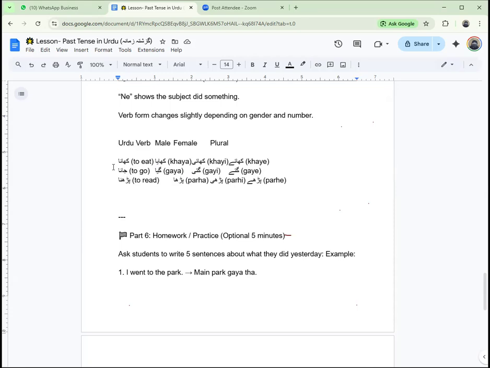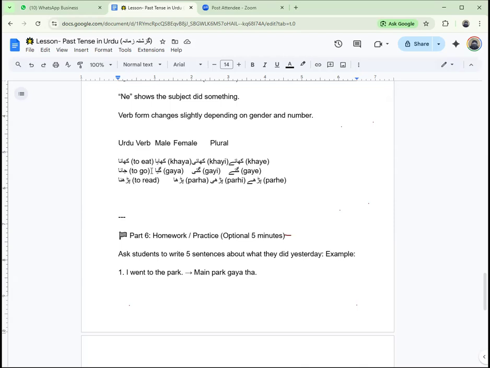For future we use jayenge, and जाऊंगा; for plural we use जाएंगे. For example, मैं लाहौर जाऊंगा is future tense. I will explain when we reach the future tense.